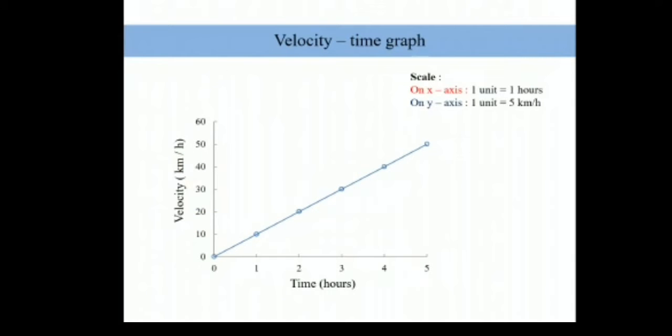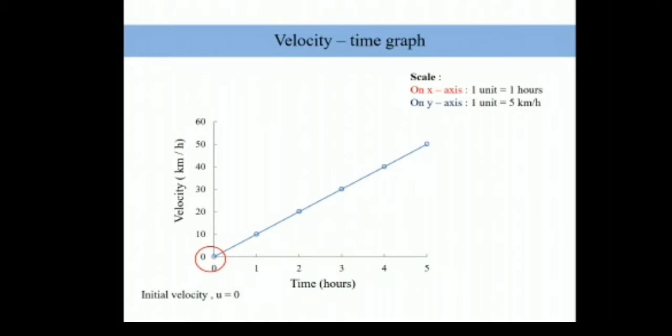We have discussed in the previous class that whenever there is a straight line, we should first check where it is starting. Because it is starting from 0, we can say that the initial velocity of the vehicle was 0. That means whichever vehicle the driver was riding, initially the vehicle was at rest at his house, it was stopped, and then the driver started running the vehicle.